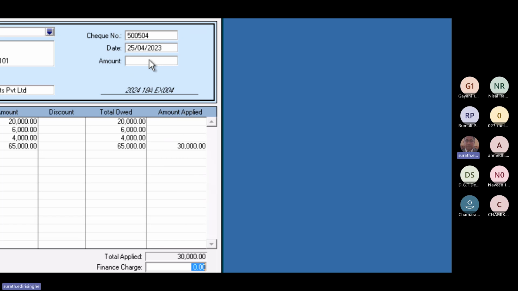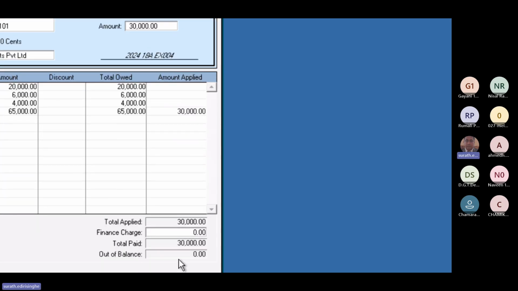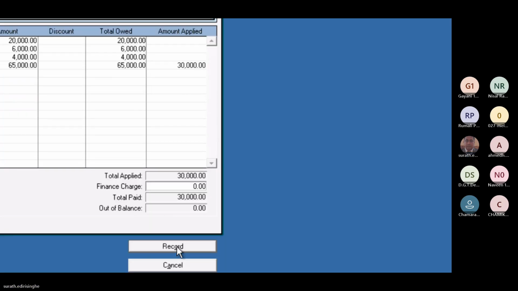Then click on here 30,000. Tab. Then out of balance 0. Then click on record. Complete.